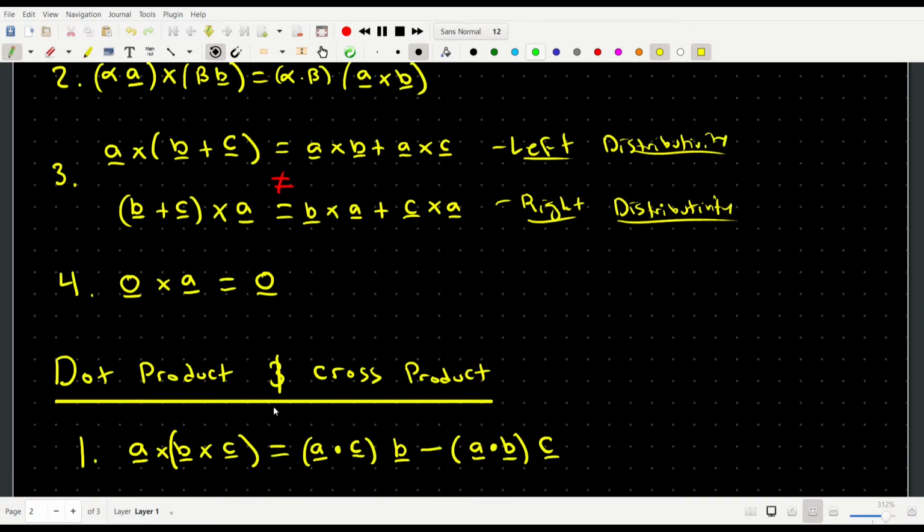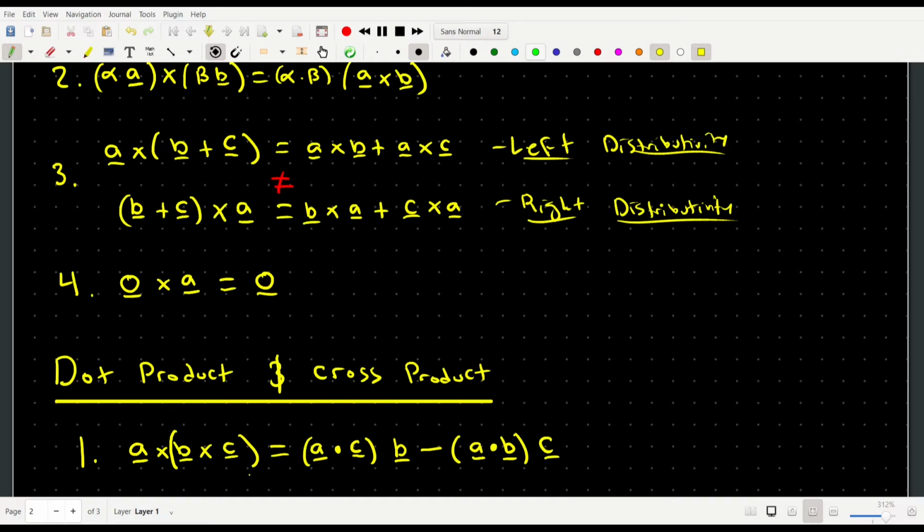Then we have 2 very interesting rules for the dot product and the cross product, which kind of combine the 2. The first one is called the triple cross product. The triple cross product of 3 vectors, A, B, and C, is going to be the same thing as the dot product of A with C times B minus the dot product of A with B times C. This is a super useful relationship because it kind of brings down a level of computation.